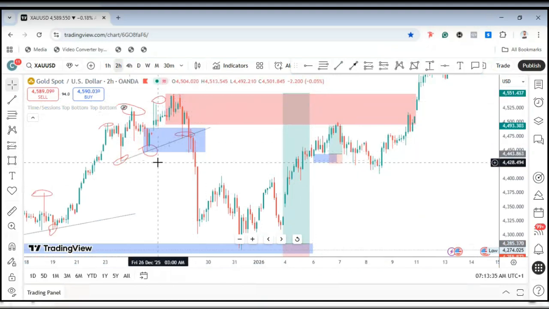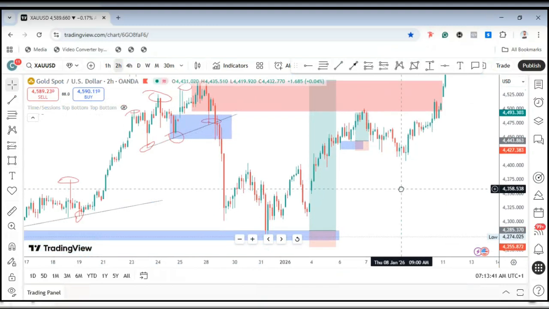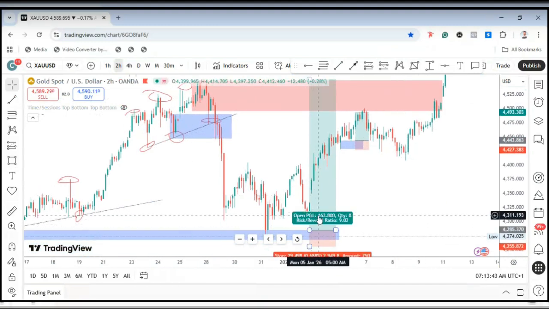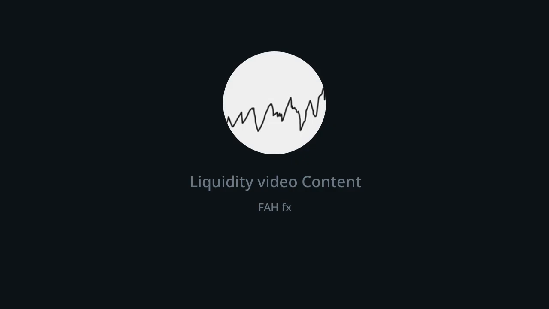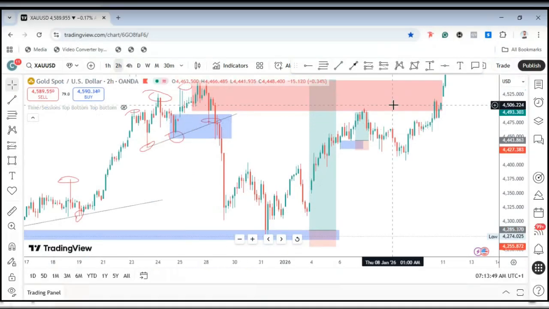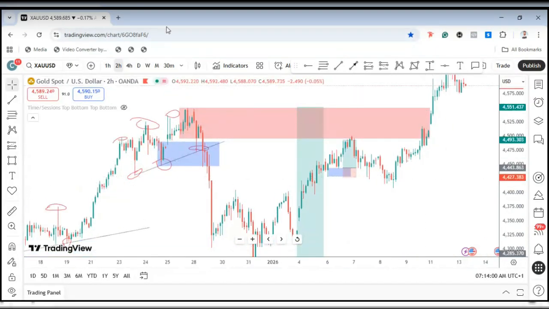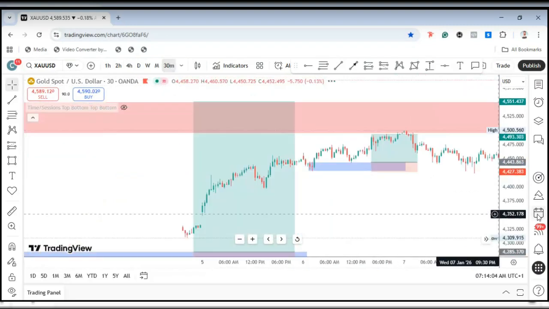But if you had avoided this 1 and 2, and you understand liquidity to the depth, you would have only taken this win and avoided this one and this one. So you would have avoided 2 losses and taken one trade that will give you amazing results, right? So let me also analyze this one because I took it on 30 minutes.